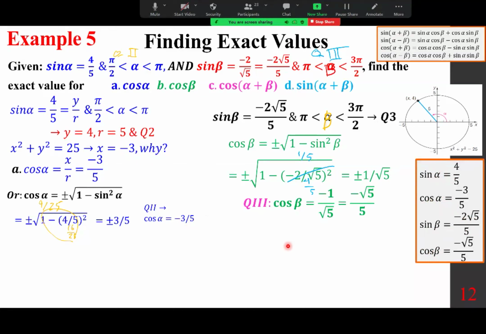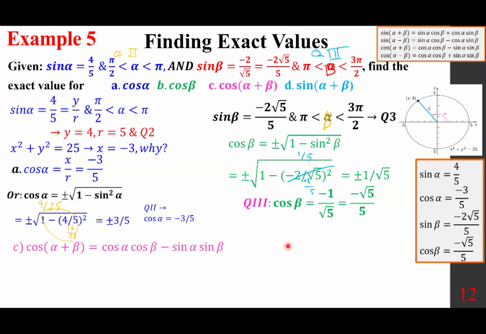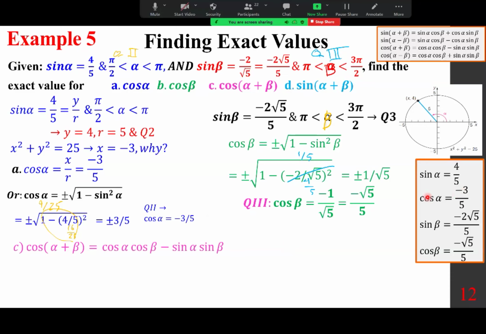And now let's plug it into the formula. Cosine alpha, cosine beta minus sine alpha, sine beta. So we are going to multiply these two, minus, we are going to multiply these two.